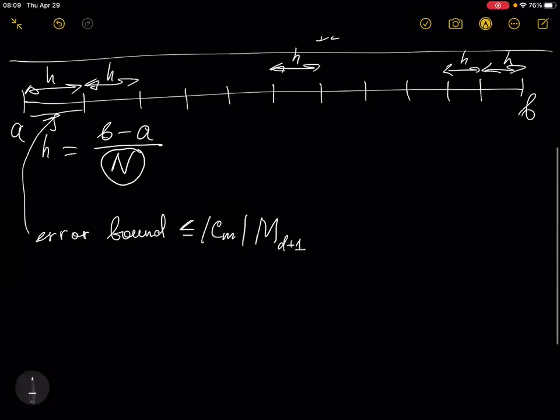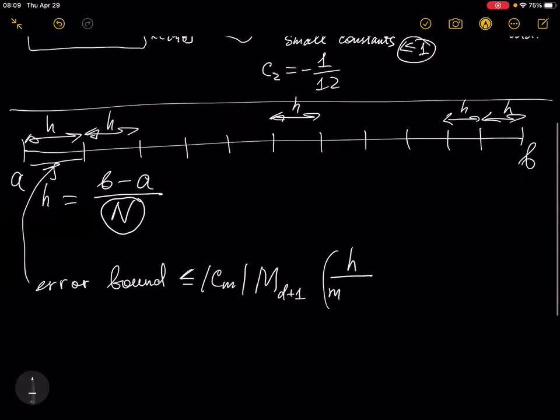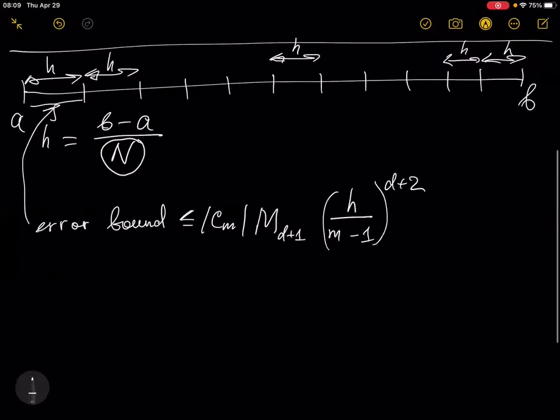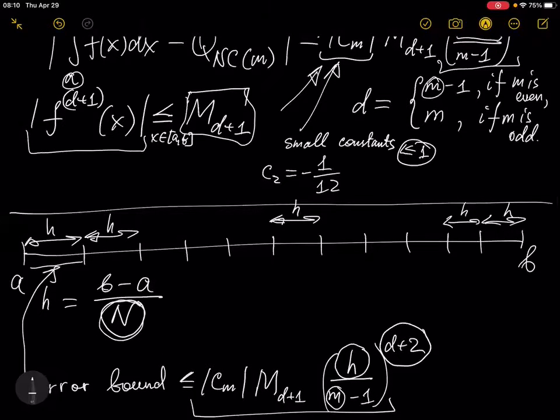But here you will have h divided by m minus 1, to the power d plus 2. When you decrease h, increasing the number of subintervals, the error will be decreasing, and it will decrease faster the higher the order is, because d is related to the order of the Newton-Cotes rule.